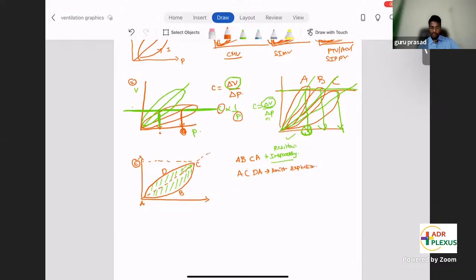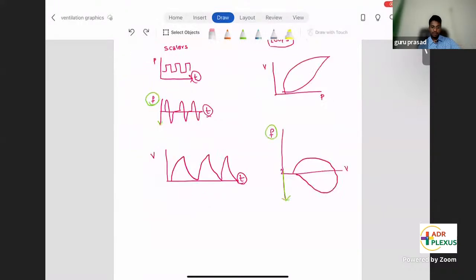The other thing is this whole thing, ACEA, which is called the elastic work that is done during inspiration. So the total work is ABCEA.